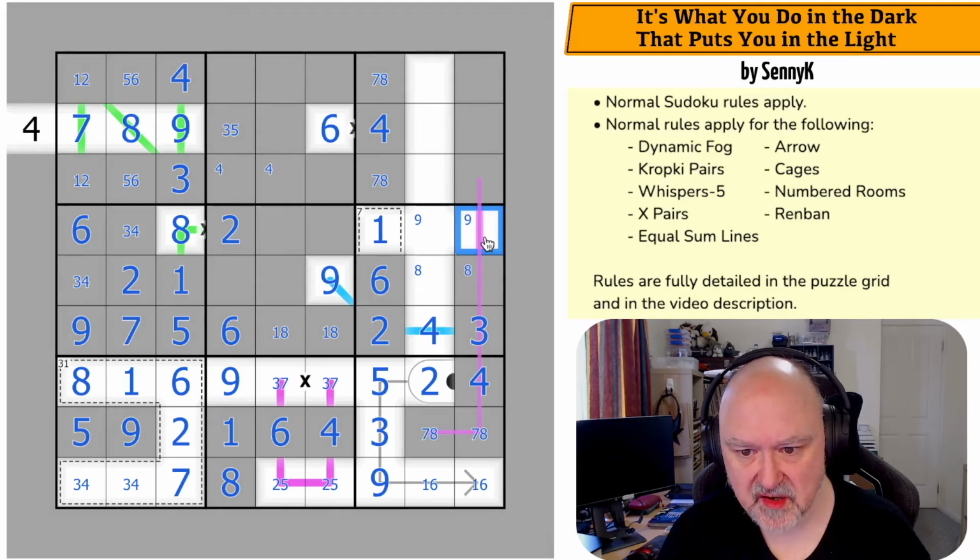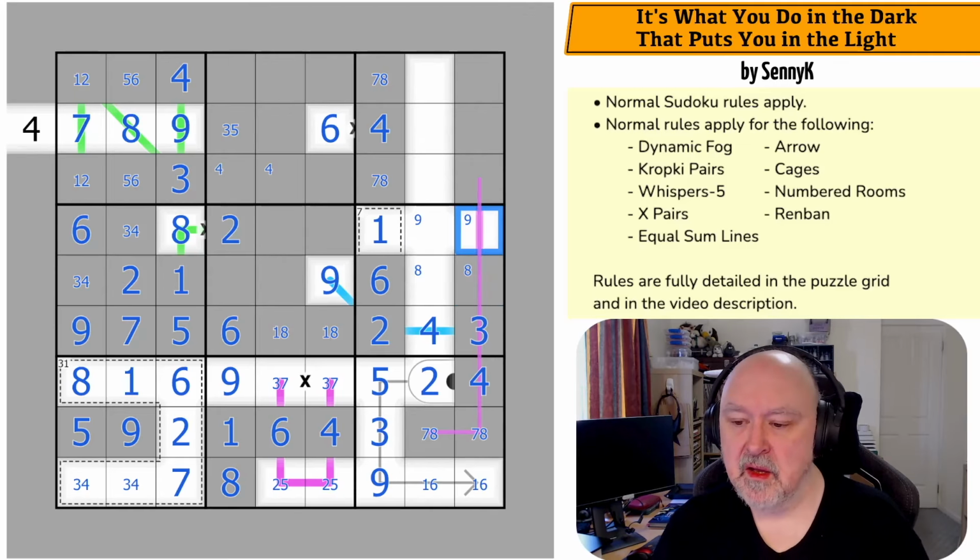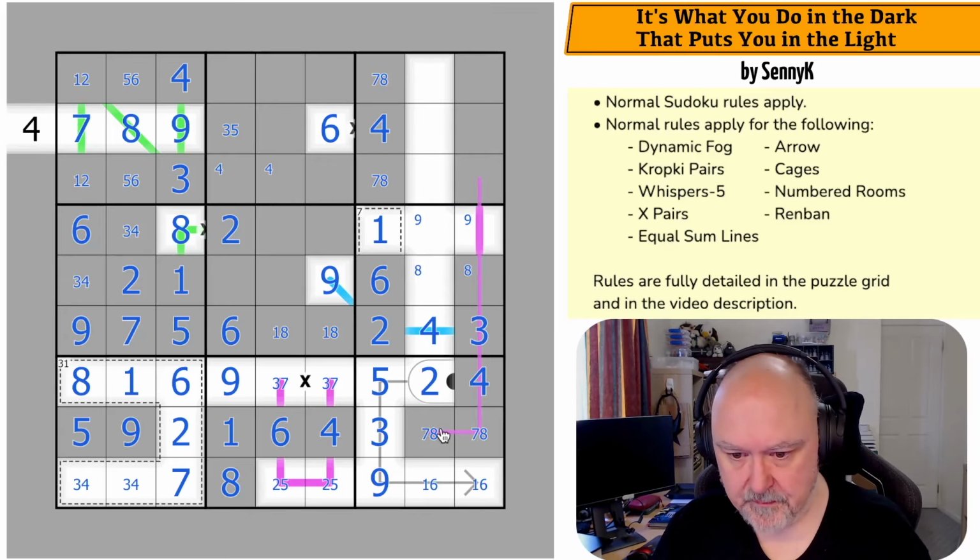If this is a 9 and you came down to this 8, 7, this cell here, or this cell here, where would it go in this box? So if this was a 9... Okay, what I was trying to disprove here is this line comes into here.